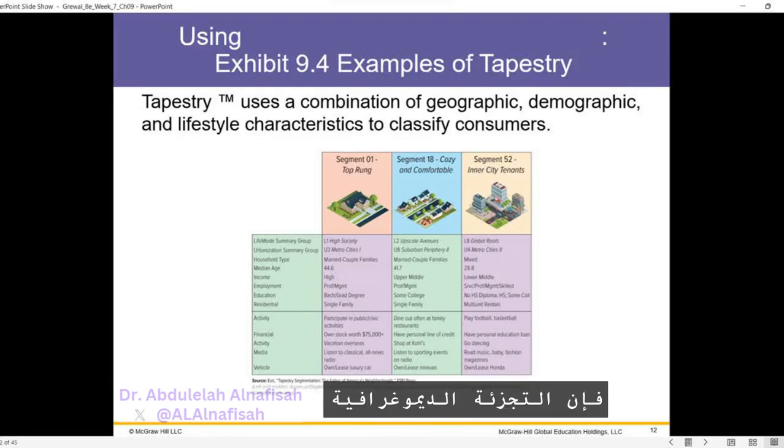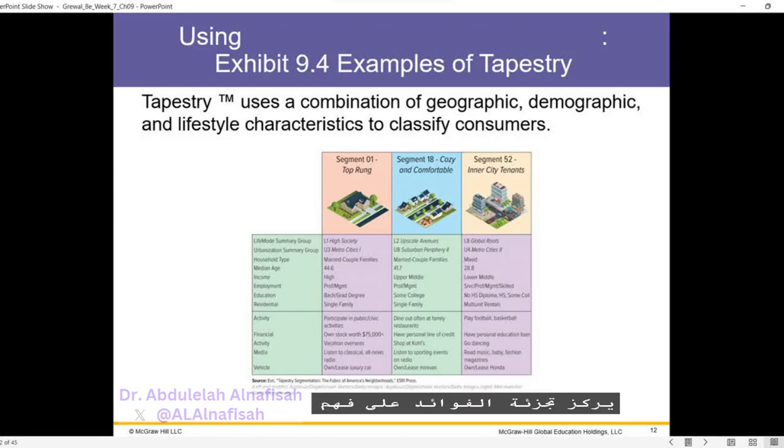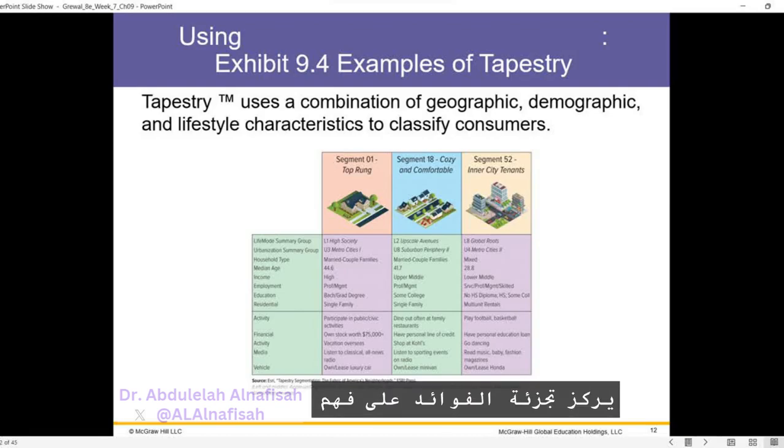However, demographic and geographic segmentation alone may not be sufficient in determining customers' specific needs and preferences. That's where methods like benefit segmentation and lifestyle segmentation come into play. Benefit segmentation focuses on understanding the specific benefits customers seek from a product or service.